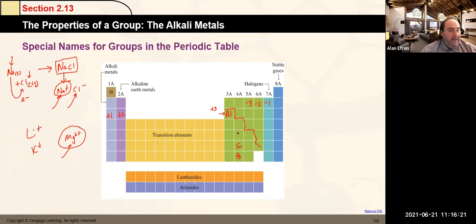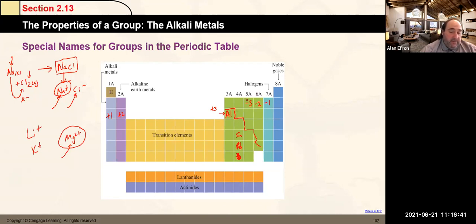I went a little too far down there. I think that's actually tin, and this is lead here. Tin and lead are metals, so they're more positively charged, while others are more non-metals, more negatively charged. So there's no real good pattern in group 4.